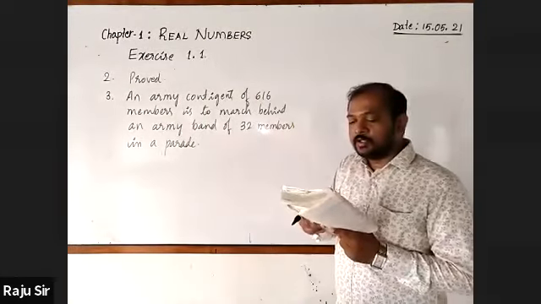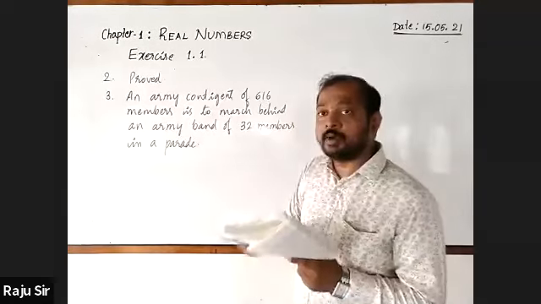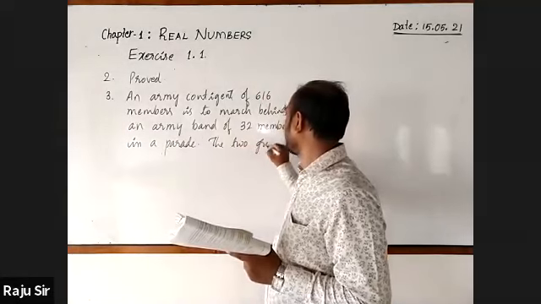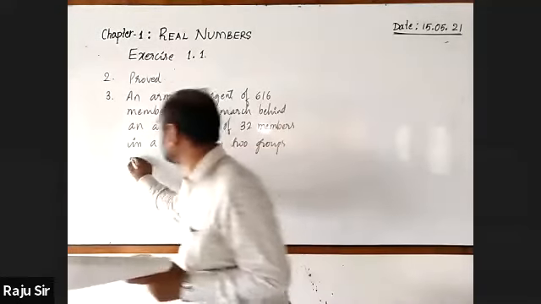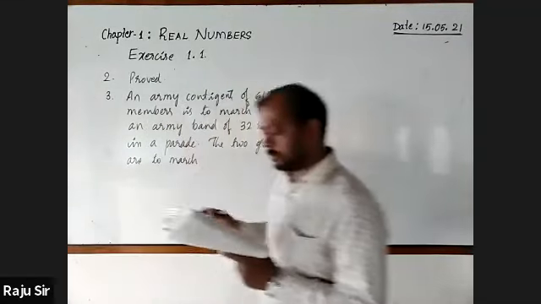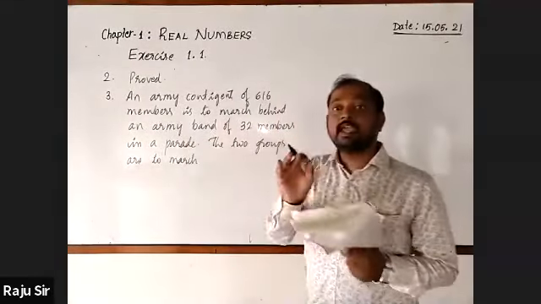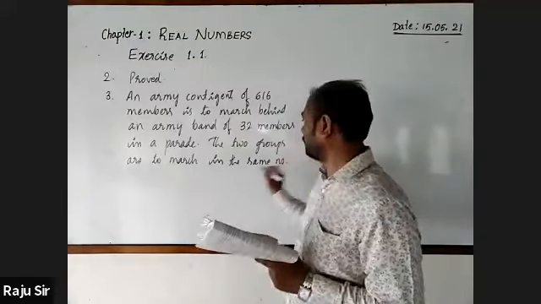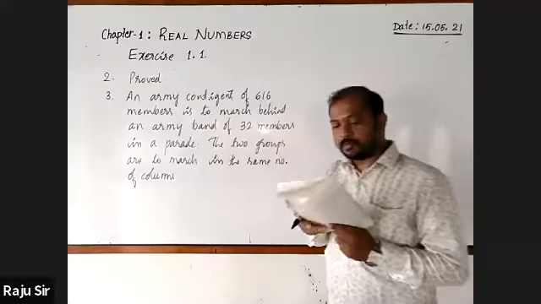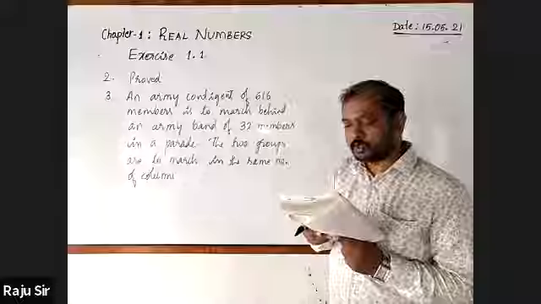The two groups are to march in the same number of columns. Full stop.